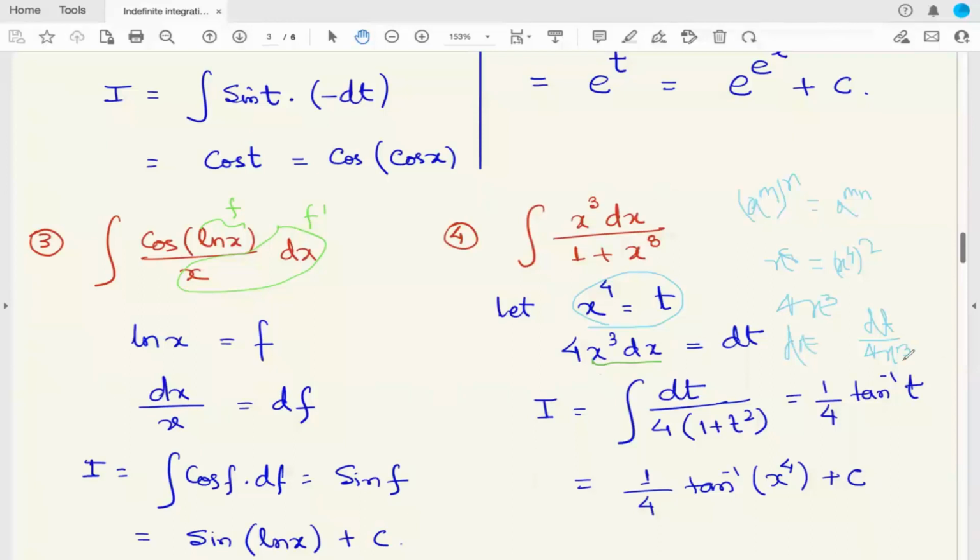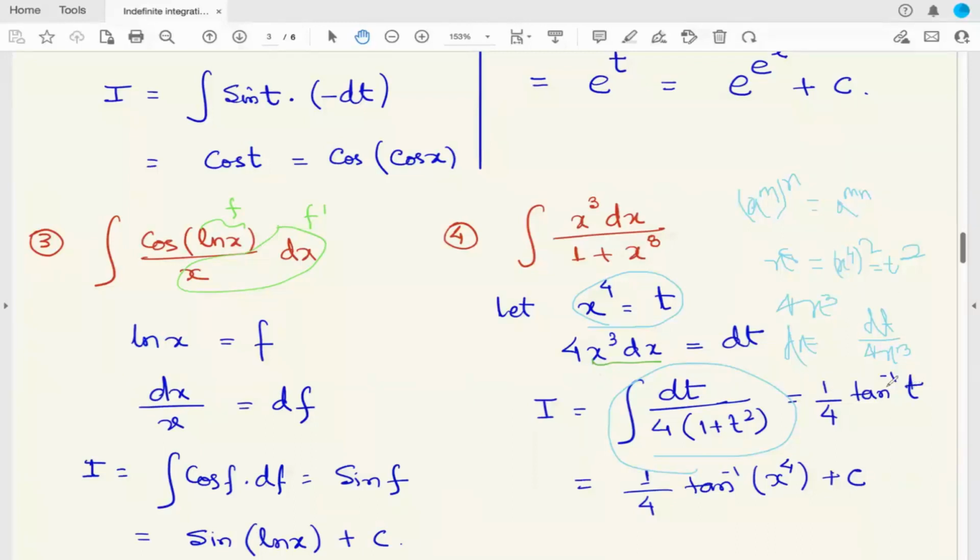And if we put it here, x cube gets cancelled because one is in the numerator, the other in the denominator. So what we get? We get dt by 4 times 1 plus t square, because we substituted x to the power 4 equal to t. So here we get t square. And we know the integration of 1 by 1 plus t square is tan inverse of t.